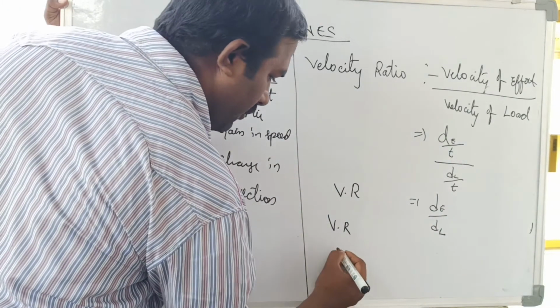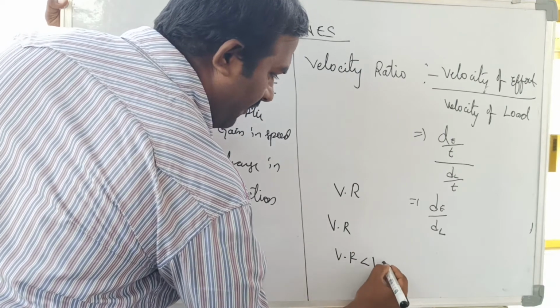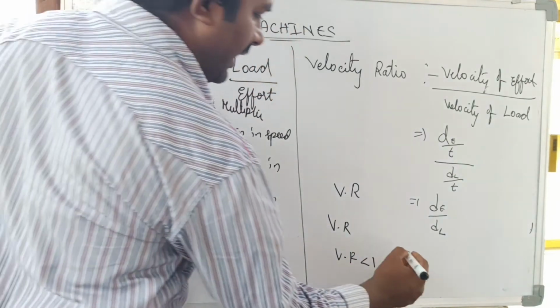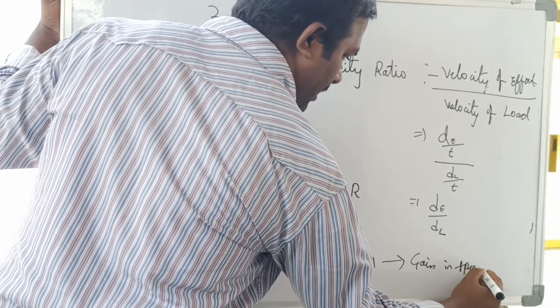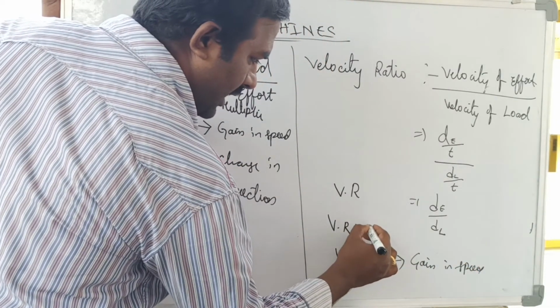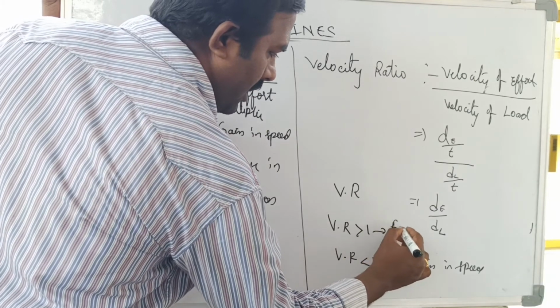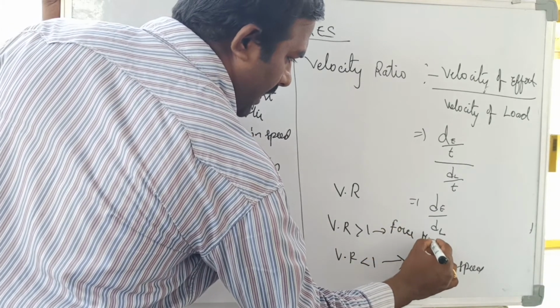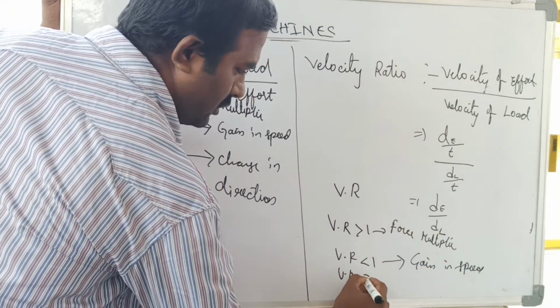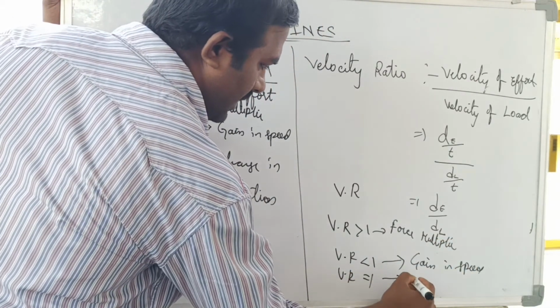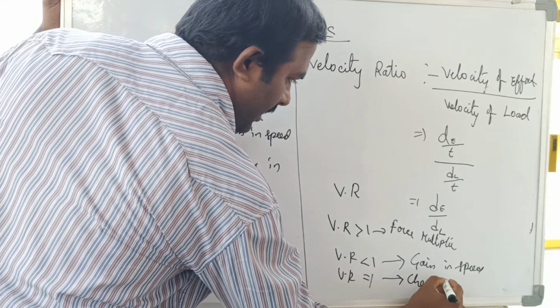Velocity ratio will become less than 1. If it is less than 1, it is a gain in speed. Velocity ratio greater than 1 is a force multiplier. Velocity ratio equal to 1 is a change in direction.